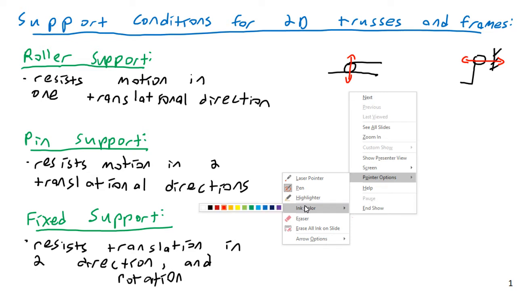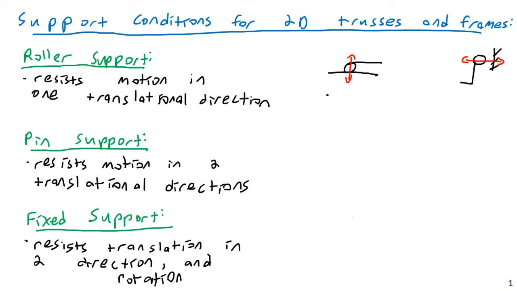Next, let's consider pin supports. These have many variants, including the rocker support, et cetera. There are many different versions of this, but the pin support we could also have on either a horizontal surface or a vertical surface. Typically it's just drawn as a simple triangle, something like this.